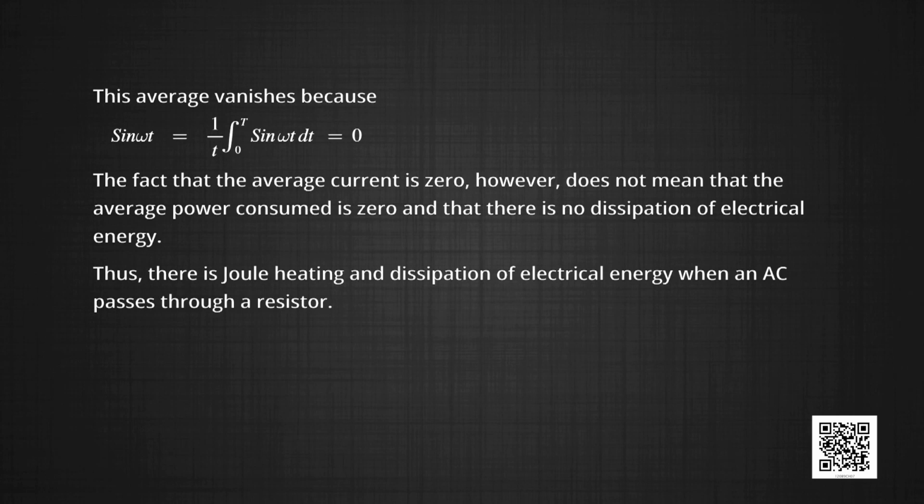Thus, there is Joule heating and dissipation of electrical energy when an AC passes through a resistor.